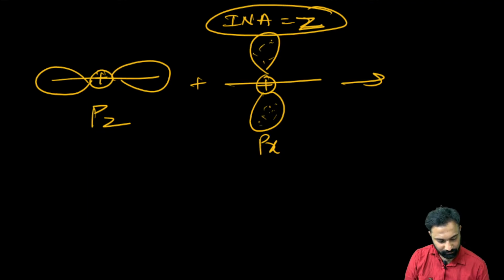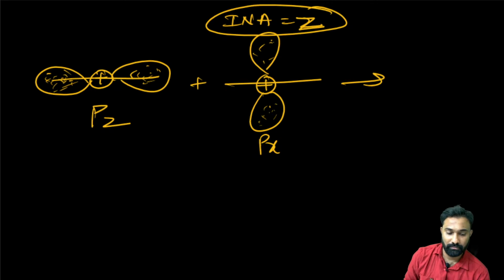Can anyone tell me? A pz orbital and a px orbital along the internuclear axis z overlap to give which bond? No bond. Good. There is no bond formation.